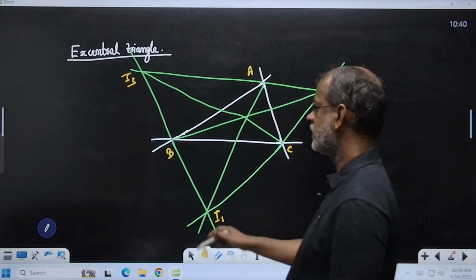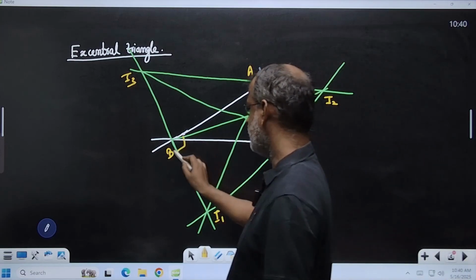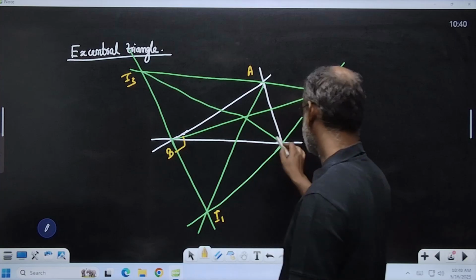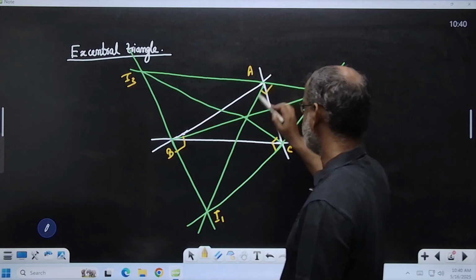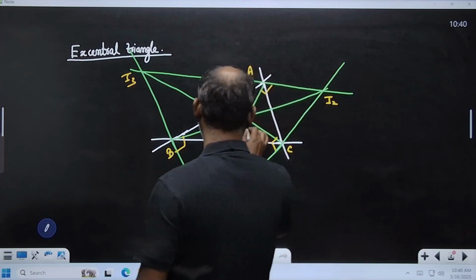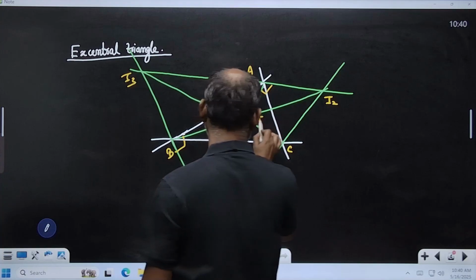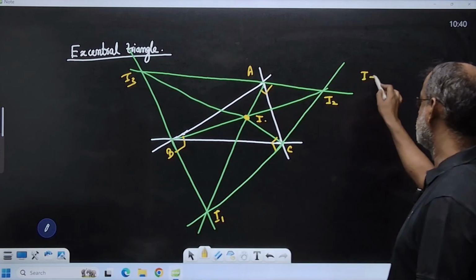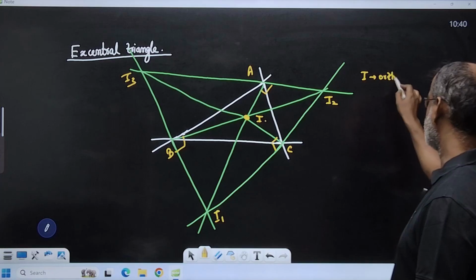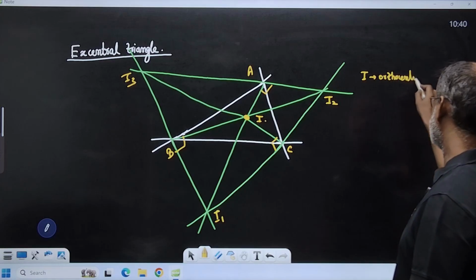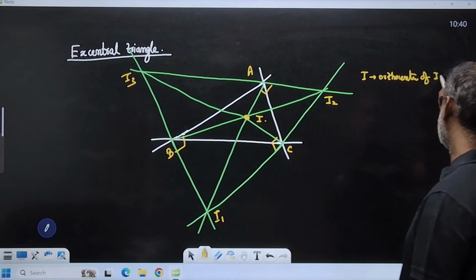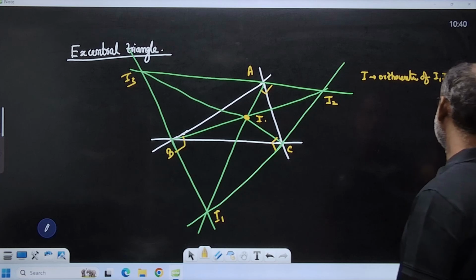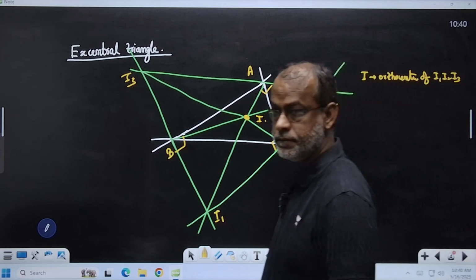Now, these are internal angle bisectors. So, this angle is 90 degrees, this angle is 90 degrees, this angle is 90 degrees. So, this point I is the orthocenter of I1, I2, I3. Okay.